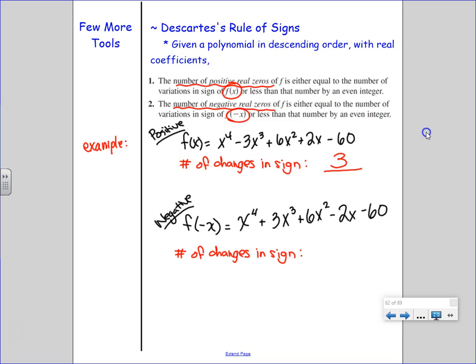How many changes of sign in this one? 1. Oh, literally, that's it? Okay. So what do I know about how many positive real zeros?